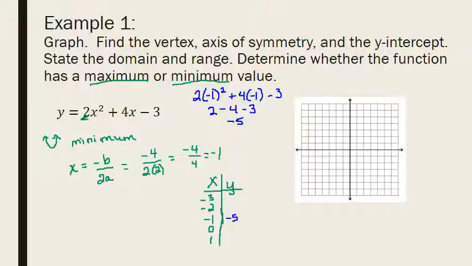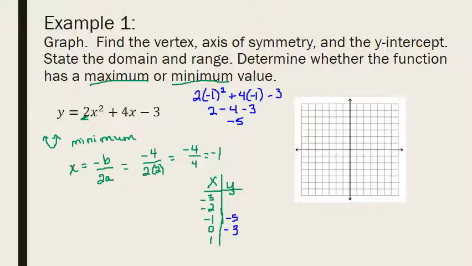Now let's go ahead and plug in 0. When you plug in 0, remember, you get the c value, because 0 squared is 0, 2 times 0 is 0, 0 plus 0 is 0, minus 3, and there's our c value, negative 3. All right, and now let's plug in the 1.